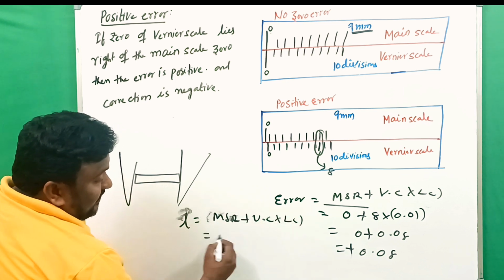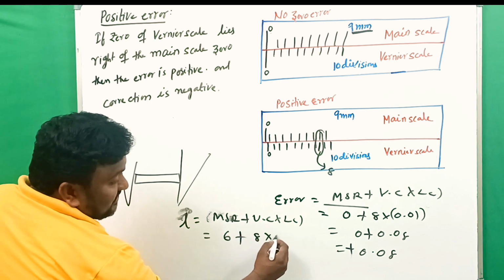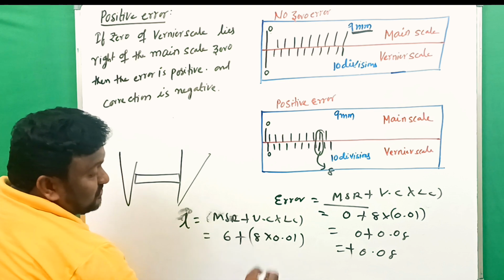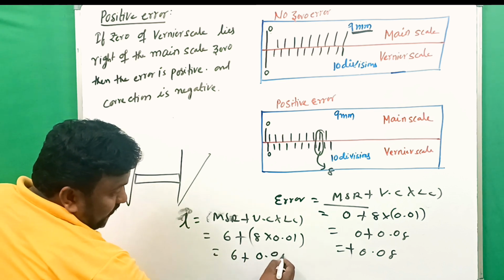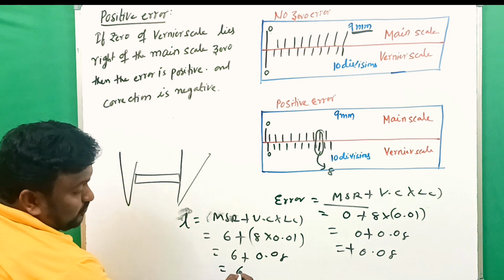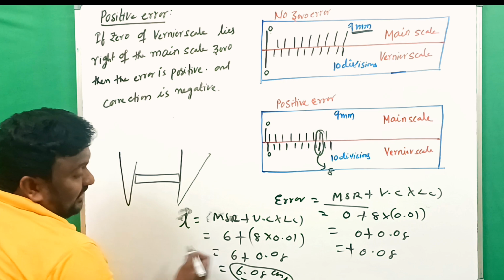Here MSR is 6, VC is 8, and LC is 0.01. Then 6 plus 0.08, we get 6.08 centimeters.